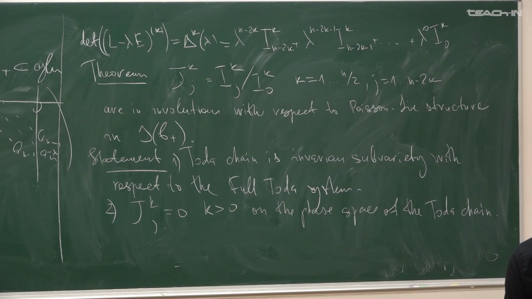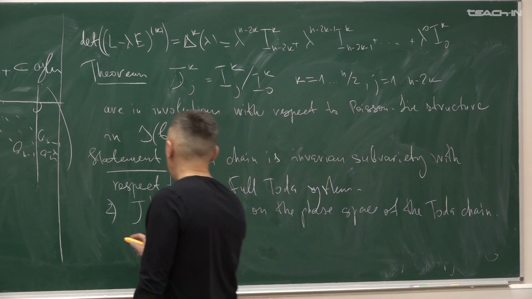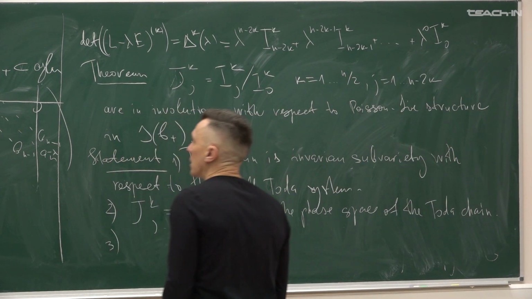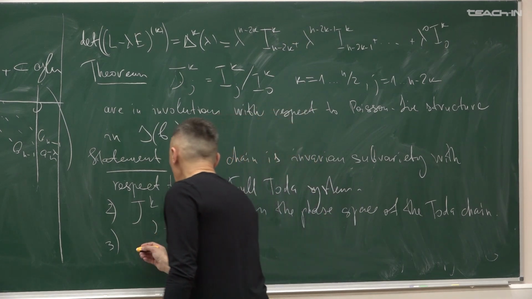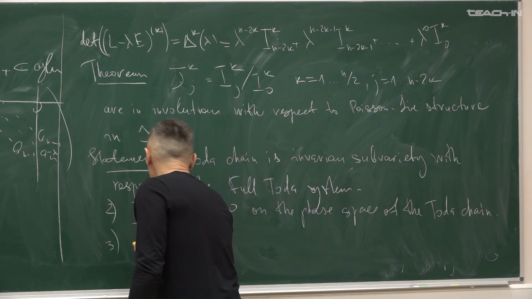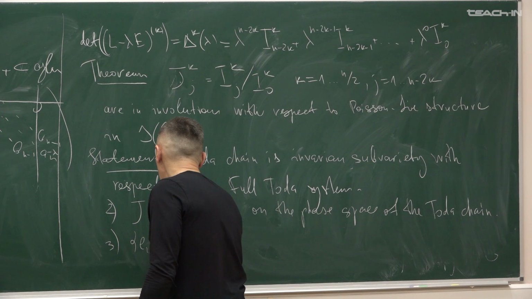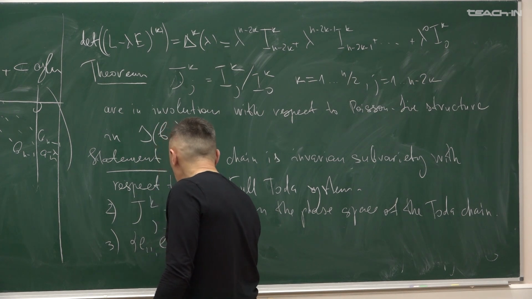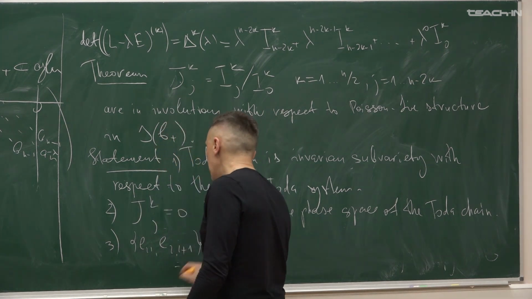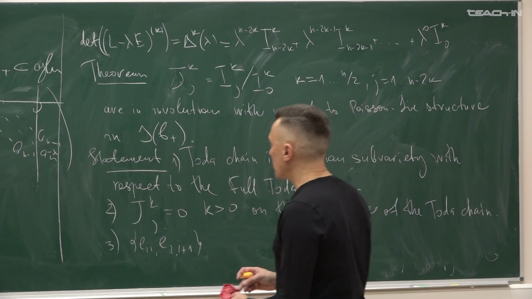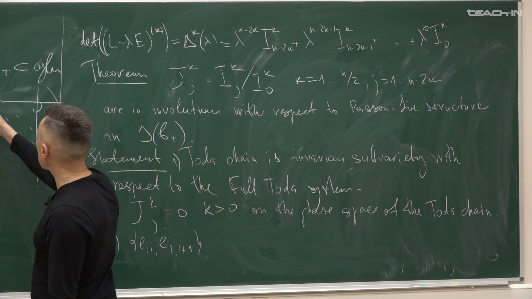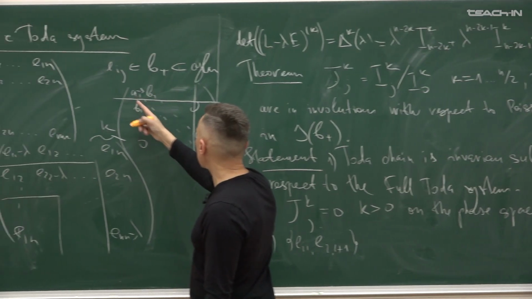Another part which is also important is the subalgebra, just the subspace generated by E_ii and E_{i,i+1}. You remember the Poisson structure in terms of the Flaschke coordinates.